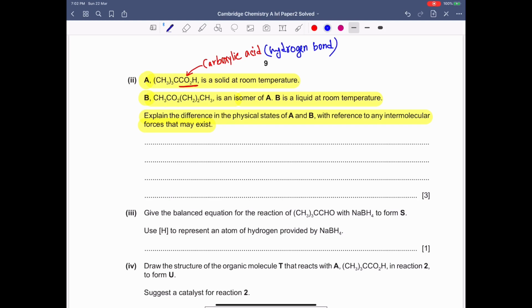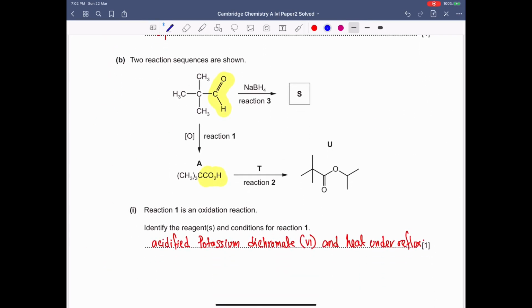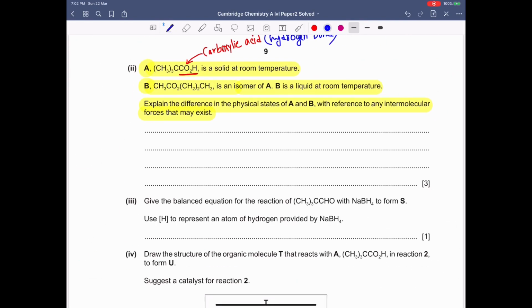So A has hydrogen bonding. But when they mention B, it easily gives away that it's an ester, and thereby does not have hydrogen bonding.